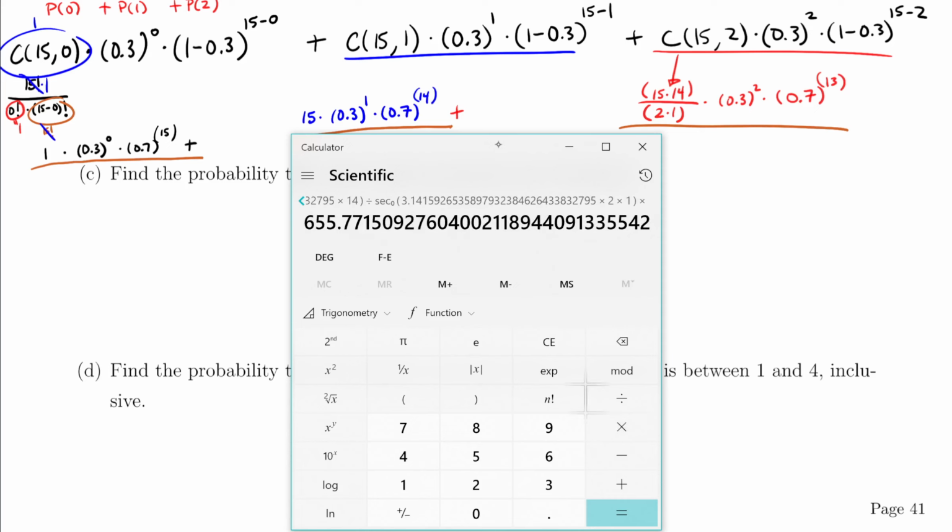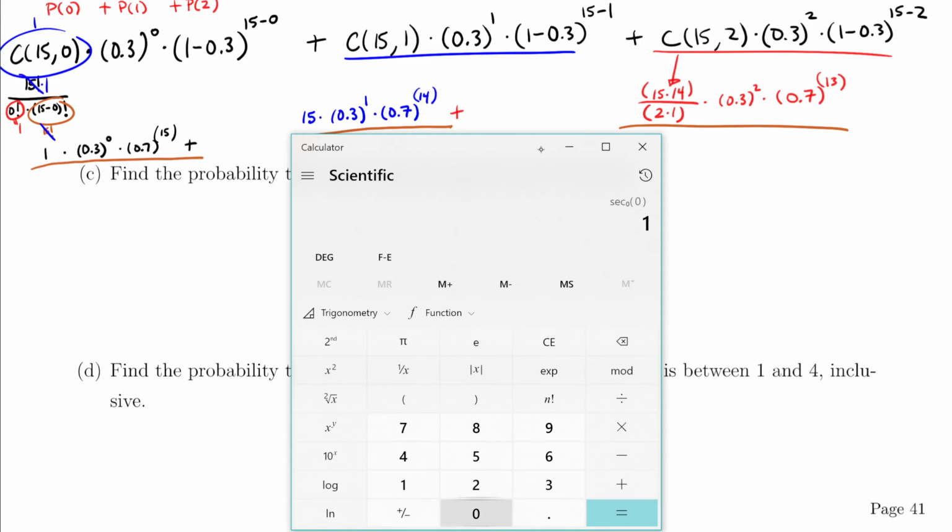Continuing, dividing by the 2 times 1, close parentheses, times 0.3, close parentheses, exponent 2. Finally, 0.7, close parentheses, exponent parentheses 13.